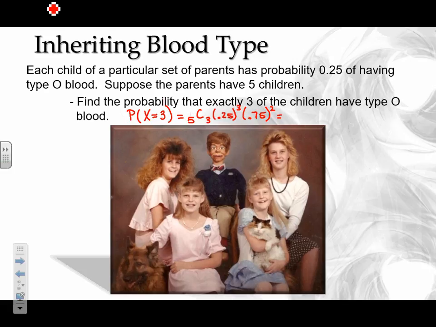So you can do this pretty much all at once in your calculator. And when you're doing this, I would suggest making sure you have your parentheses in as well, just for added measure.